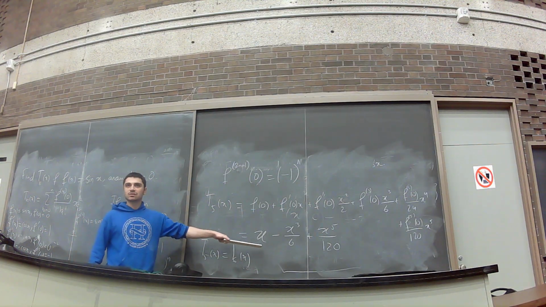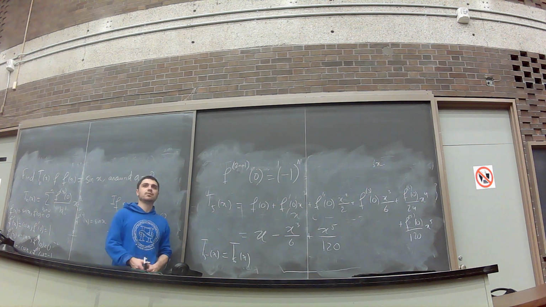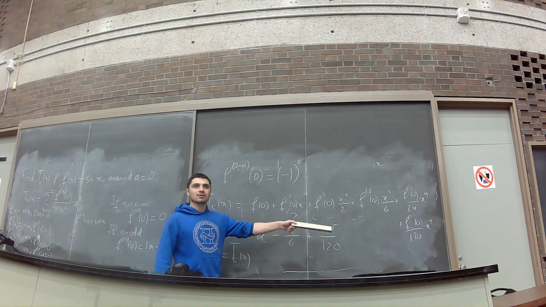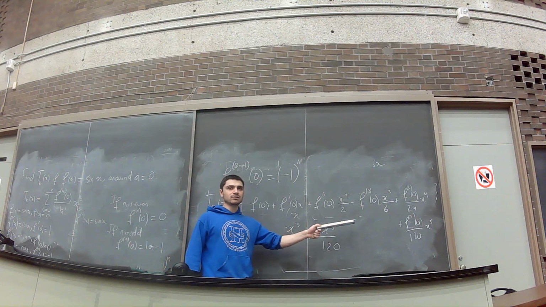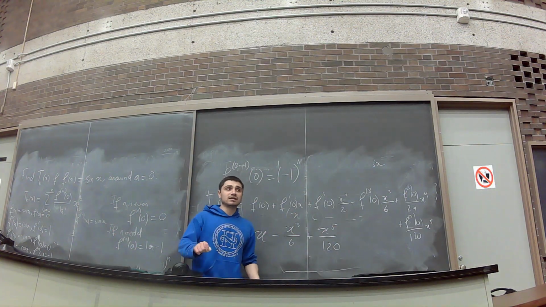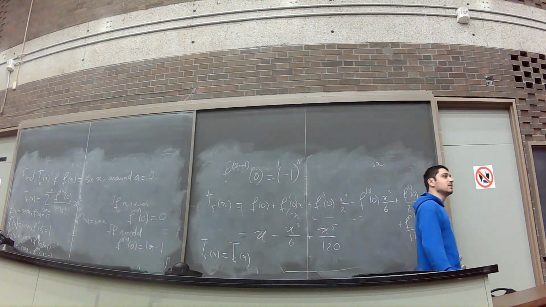But the most important is that you'll be able to do this. If I tell you find the Taylor 7 polynomial of sine of x, what do you get here? It's minus x to the 7 over 7 factorial, right? You just add this. If I tell you find T8, what is T8? It's equal to T7. Agreed?